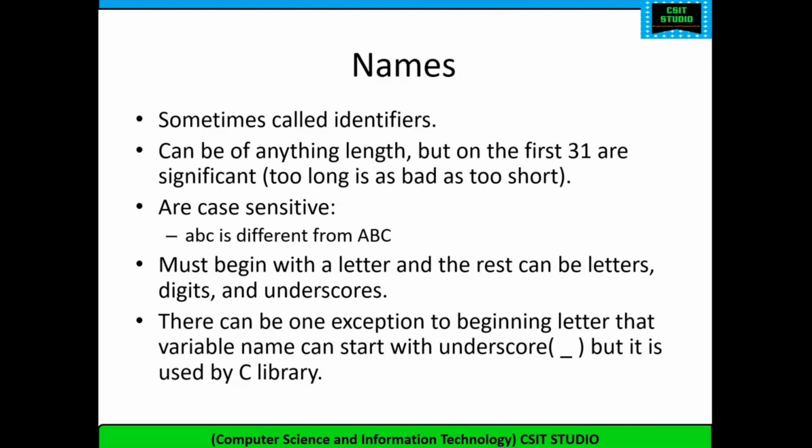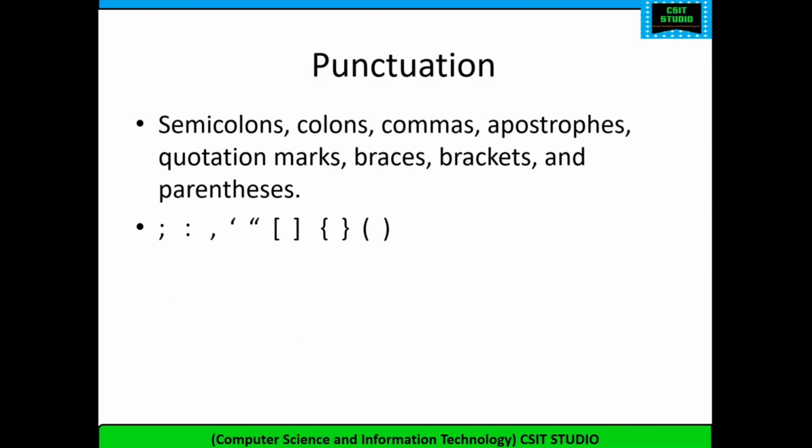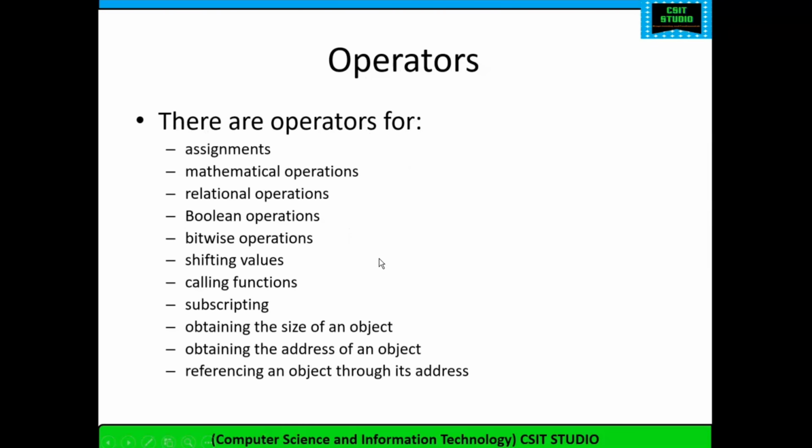Mostly they begin with letters, digits or underscore, but they cannot start with digits and underscore because underscore is reserved for the C library. By punctuations, I mean symbols like semicolon, colon, comma, quotation marks, and 3 types of brackets. C contains a lot of operators. Some of them we already saw in a program, but soon we will see each of them one by one in subsequent videos.